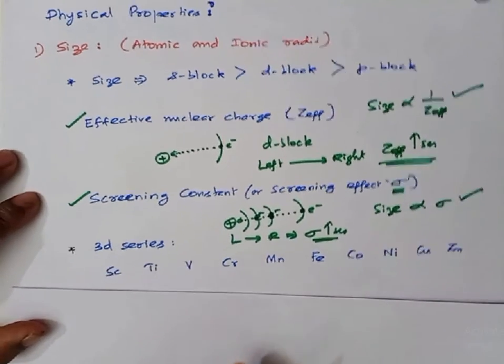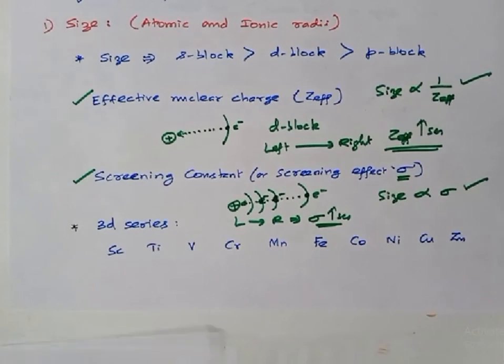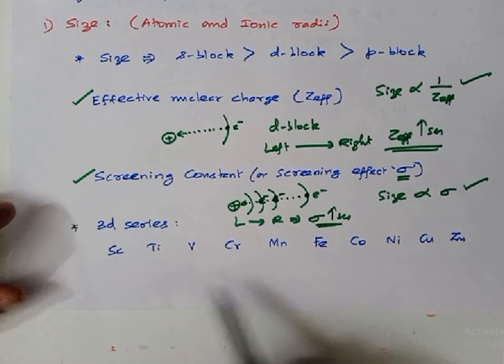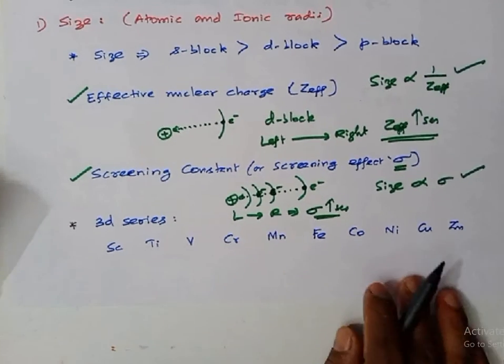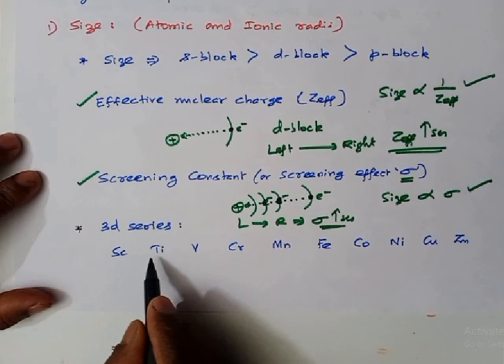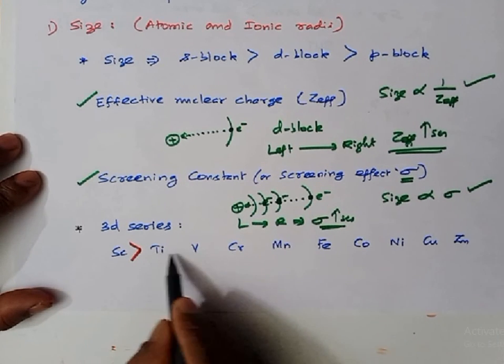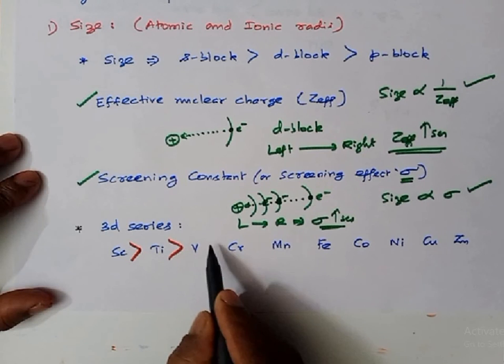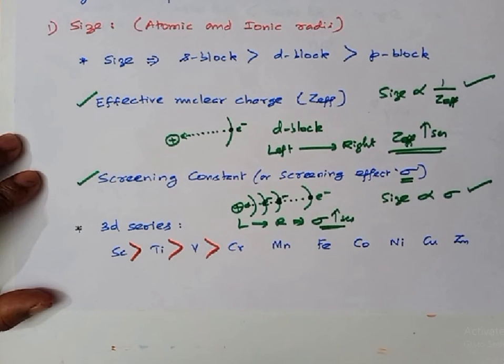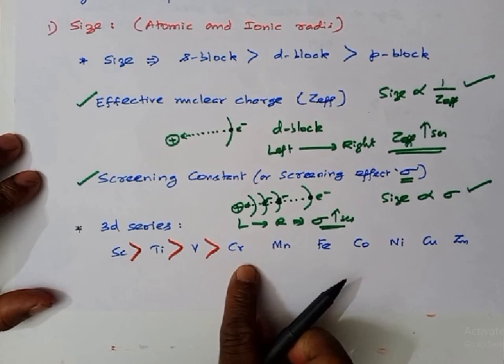Now what happens in the case of D block, very specifically the 3D series? In the 3D series, when we move from left to right, scandium to titanium, size decreases. Titanium to vanadium, size decreases. Vanadium to chromium, size decreases. Up to this, size decreases. Why?